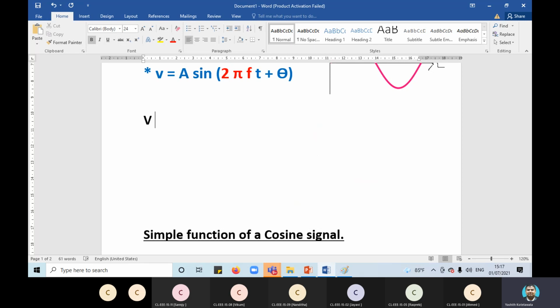Simple V is the instantaneous voltage, right?